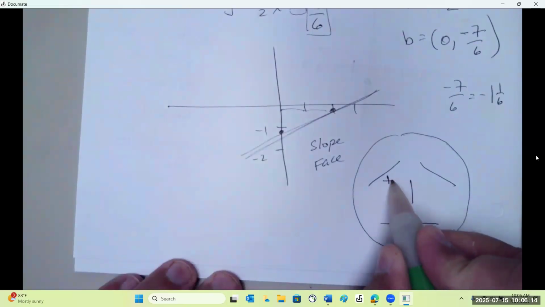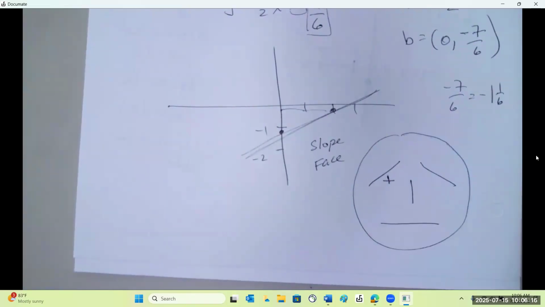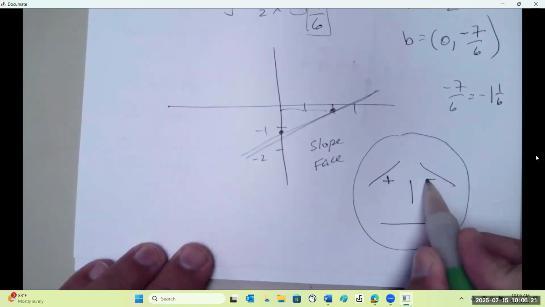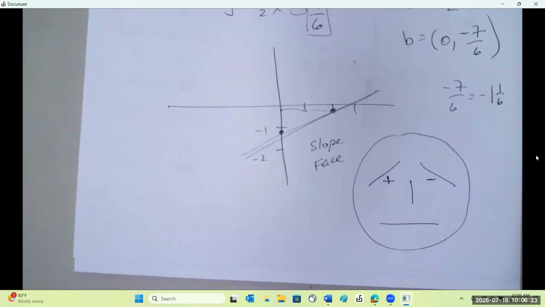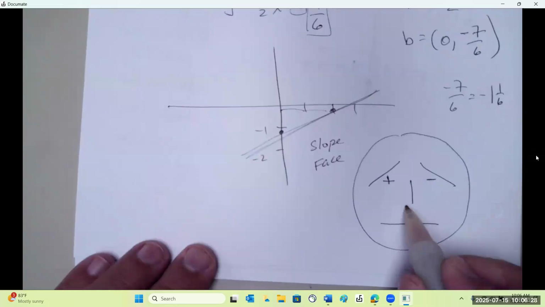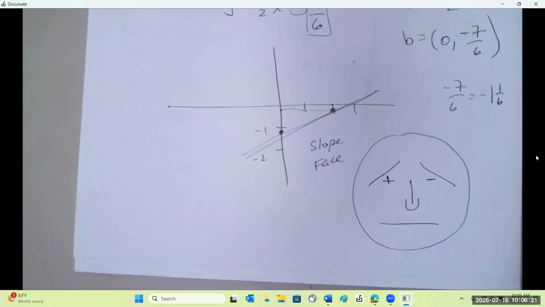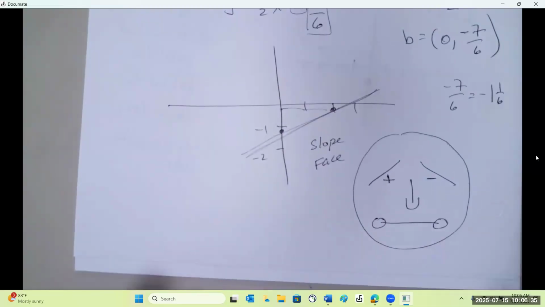If the slope is positive, it looks like that, going up from left to right. If the slope is negative, it goes down from left to right. If it's undefined, it goes up and down. If it's 0, it goes left to right. That's the easiest way to memorize what your slopes really mean.